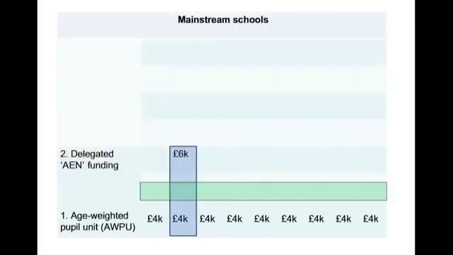So this pupil here requires obviously the £4,000 per pupil funding. On top of that, this school is spending £6,000 to make the suitable provision for that pupil. Here's another pupil for whom the school is putting in an additional £4,000 over and above the per pupil funding in order to meet his needs.